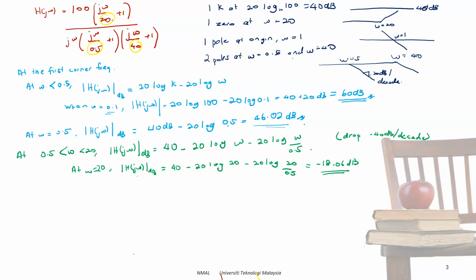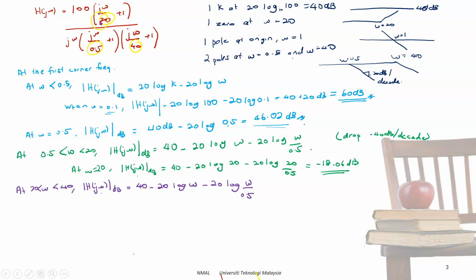So we derive the equation between 20 and the next corner frequency, which is 40. So at omega between 20 to 40, |H(jω)| in dB is equal to 40 minus 20 log omega, which refers to the pole at origin, minus 20 log omega divided by 0.5.